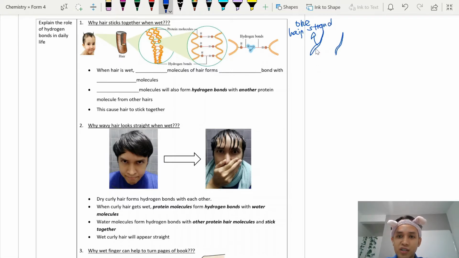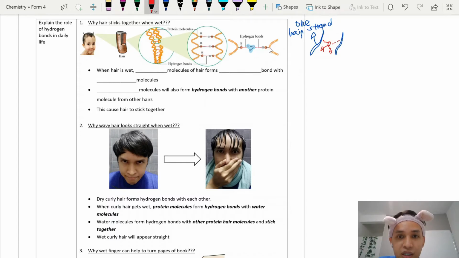Inside each hair strand we already have hydrogen bonds between protein molecules. So when you have water here, the water molecule will behave like a glue. How do they glue two different hair strands? By hydrogen bonding. They form hydrogen bonds between two different protein molecules, like the one in the middle here.